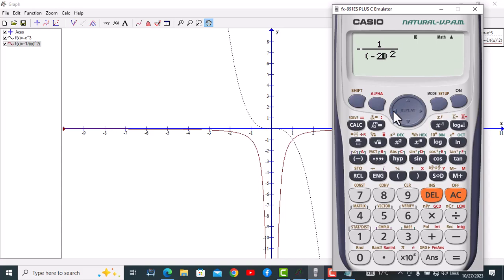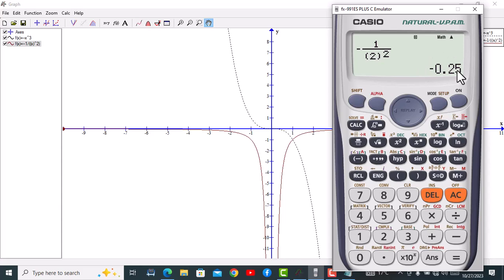Let's take x for 1. For 1, we get -1, and let's take that for 2. Sorry, let me do this. For 1, we got -1, and for 2, we get that.